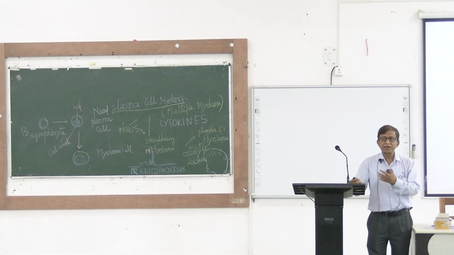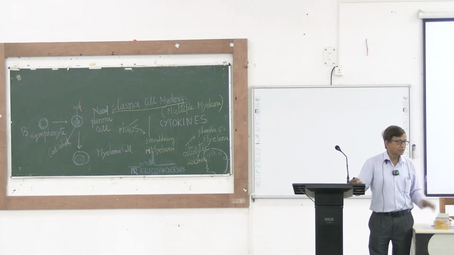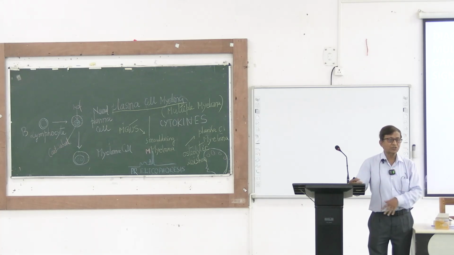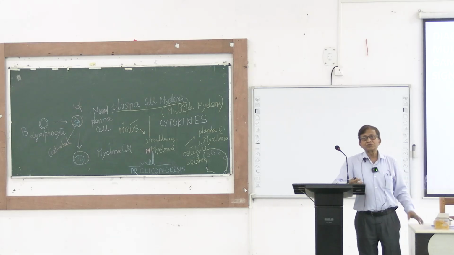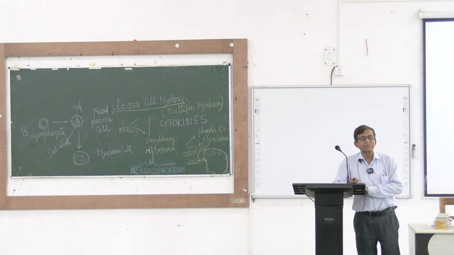That will give rise to a different set of symptoms. So this is the basics of plasma cell myeloma. Though it's a hematolymphoid disease, it is a systemic disease. It will affect all parts of the body.